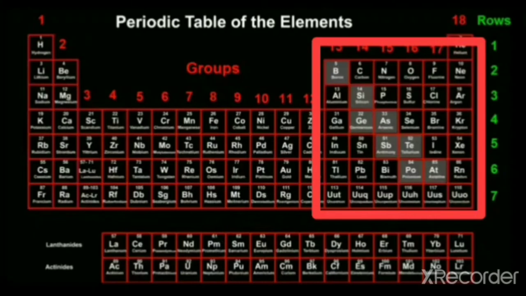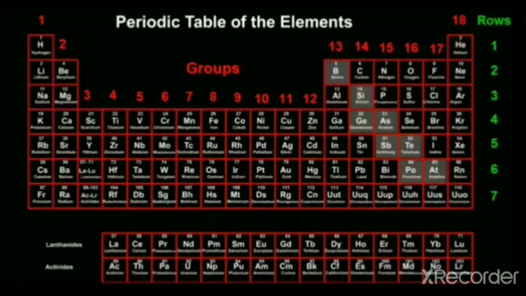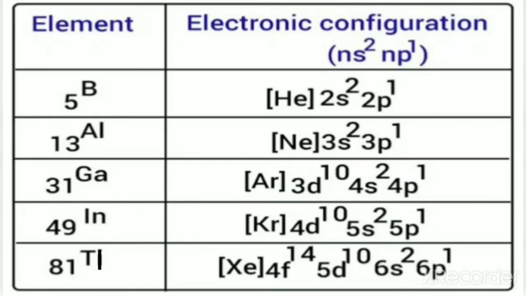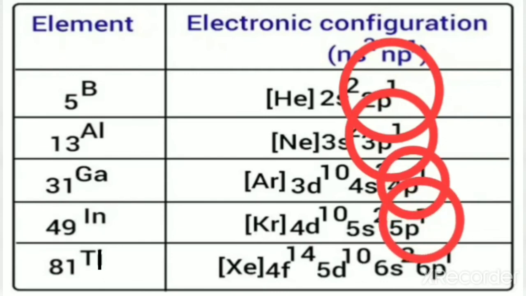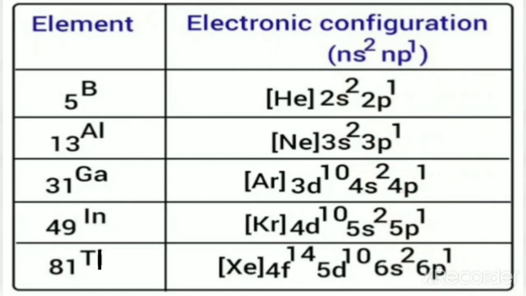Therefore, when we observe their electronic configuration, we can find that they have a similar pattern of electronic configuration in which the last electron is in the p orbital.